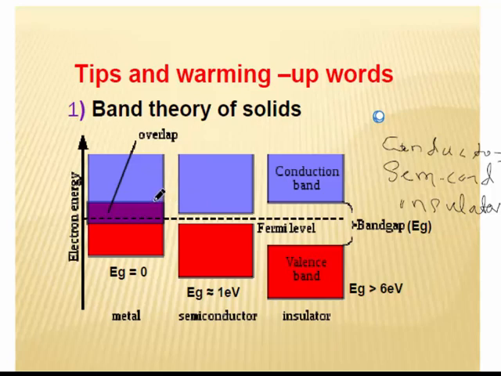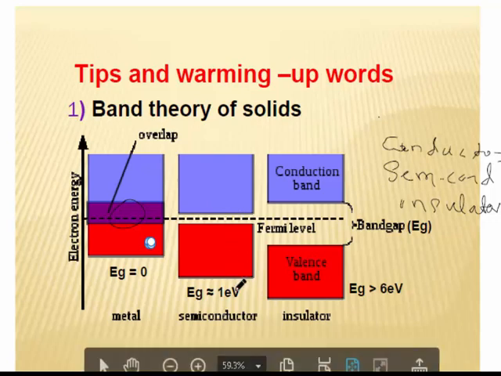In conductors, the conduction band and valency band overlap, as you can see here, whereas in semiconductors, the conduction band and valency band are separated by some energy gap, that is called the forbidden energy gap or forbidden energy level.